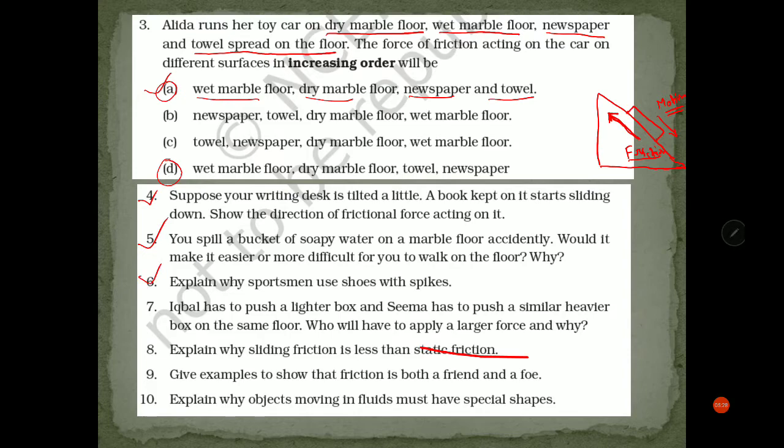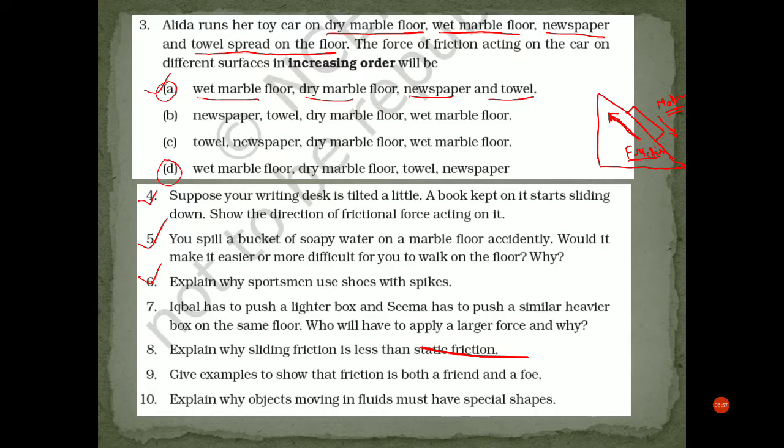Iqbal has to push a lighter box and Seema has to push a similar heavier box on the same floor. Who will have to apply larger force and why? I think Seema will have to apply larger force because she is applying force on the heavier box, because the friction force between the box and the floor will be higher if the weight is more or if they are pressed harder.